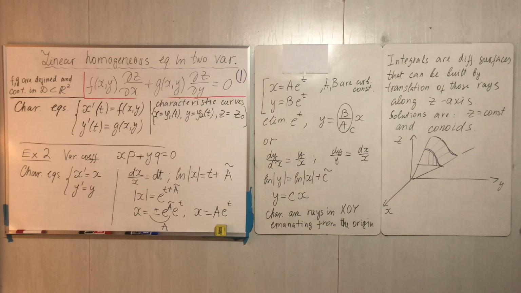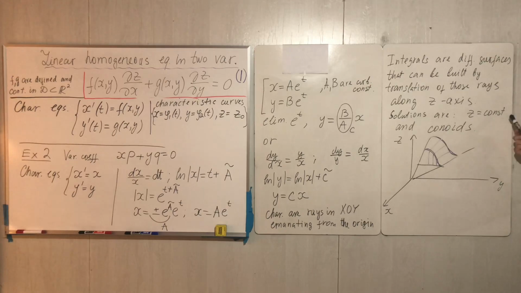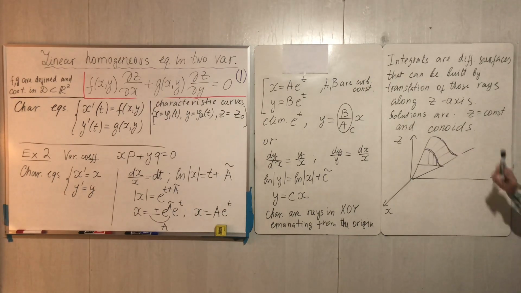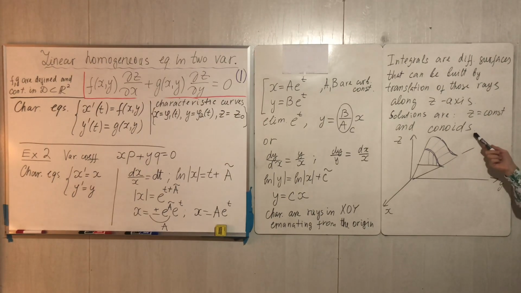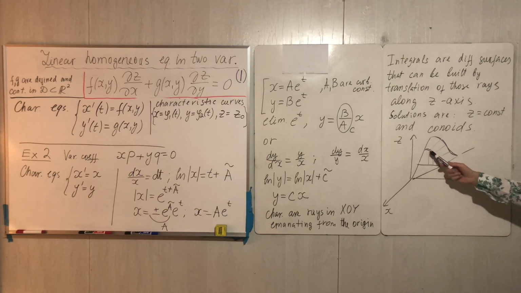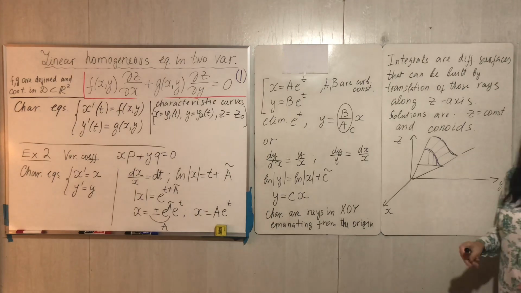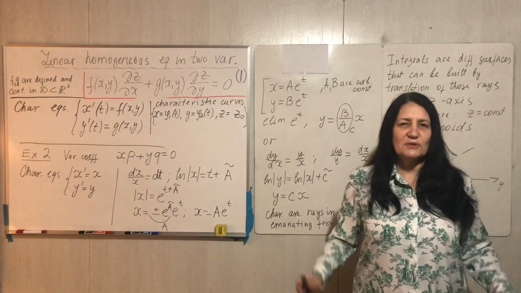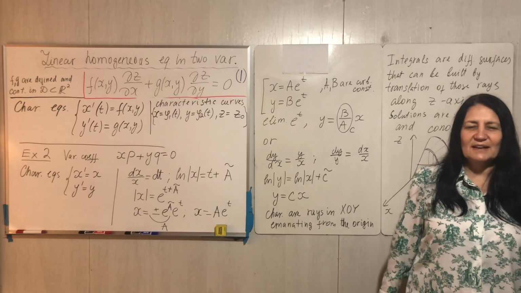If we have a domain that includes the origin, then we will get solutions like z equals constant, and we will get another type of solutions, those surfaces called conoids. I draw here just one of the conoids. They look like some sort of skirts, so you can look up in geometry what conoids are.